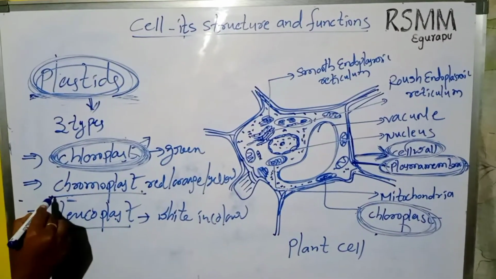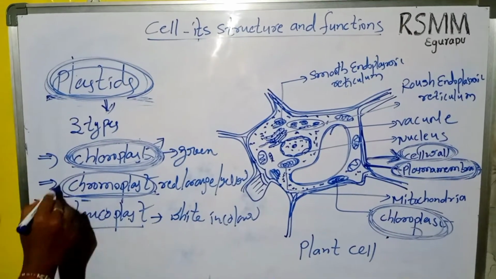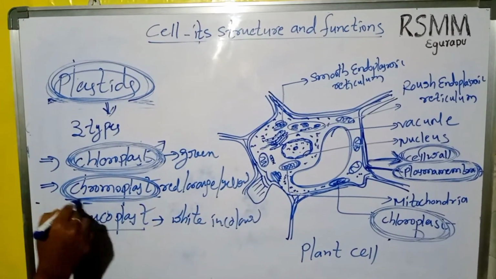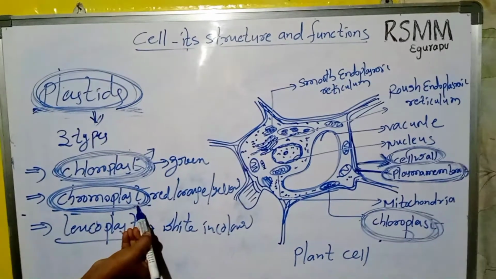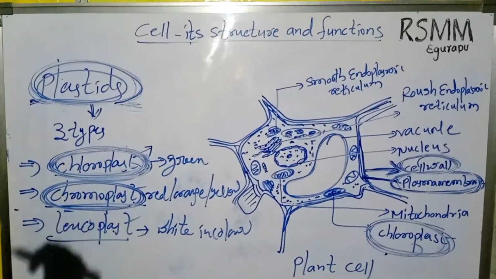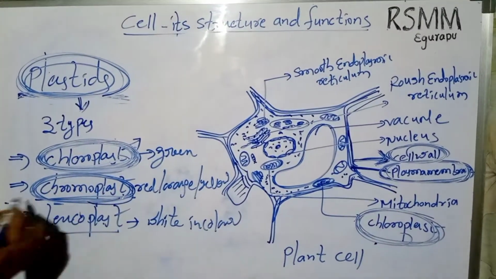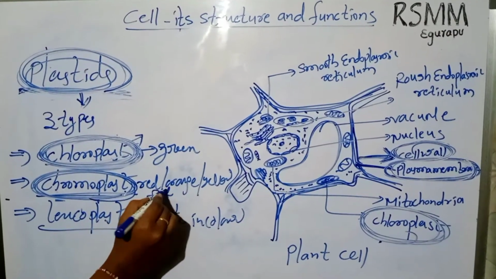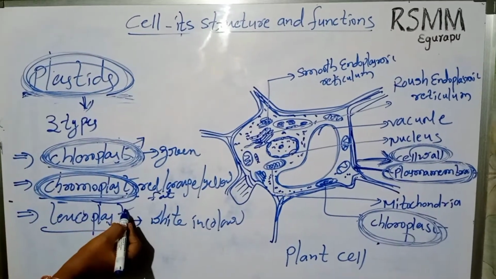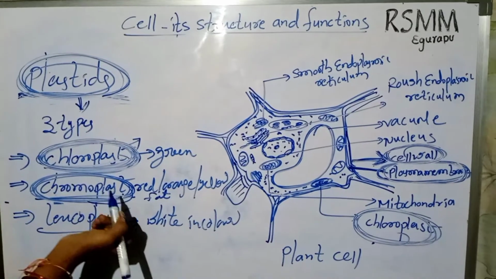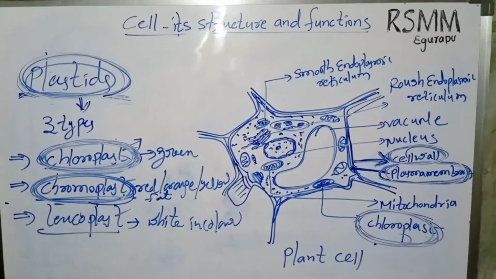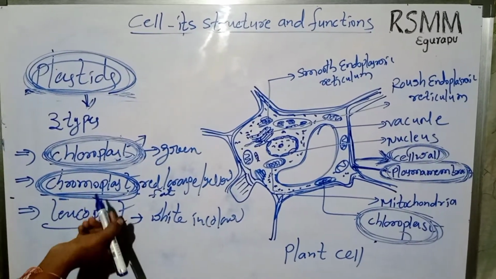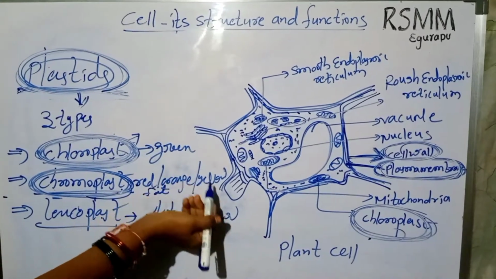Now we are going to know about chromoplast. Chloroplast completed now. Chromoplast contain fat-soluble pigments which may be red, orange or yellow in color.